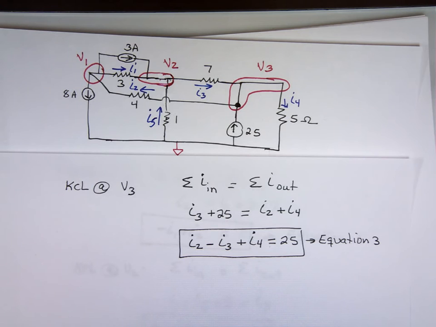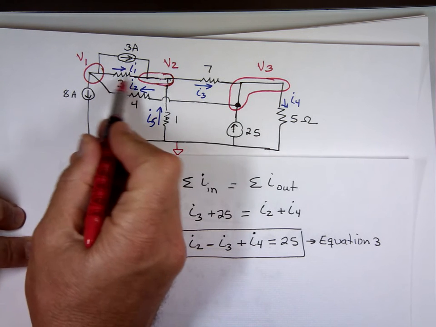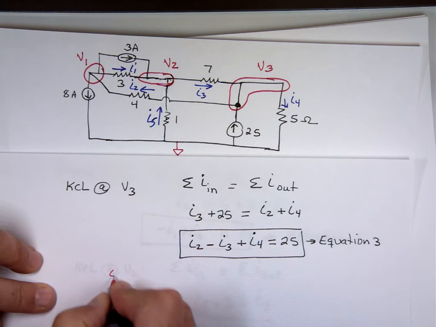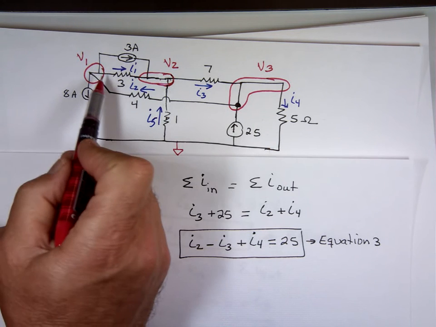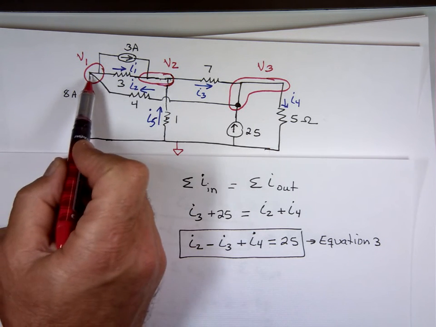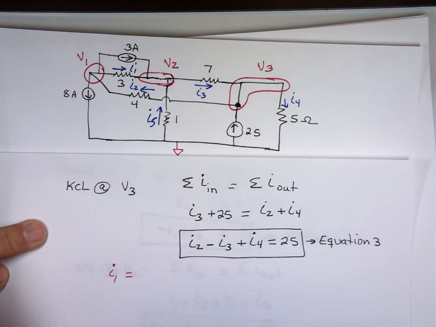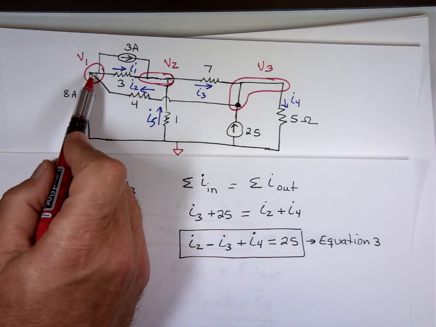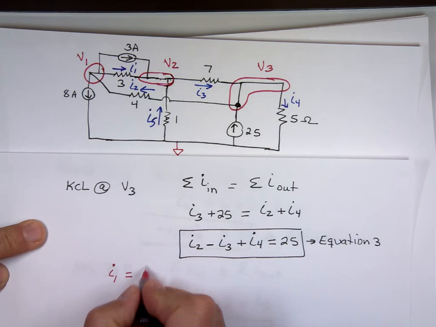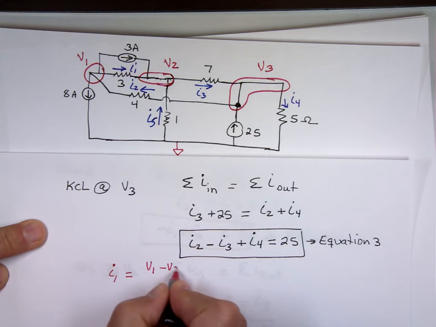I'll use a red color for that. I sub 1, I have it go in this direction. So I sub 1 is this current, so it's this voltage minus that voltage. What is this voltage? And what's that voltage? V1 minus V2 divided by what? By 3.